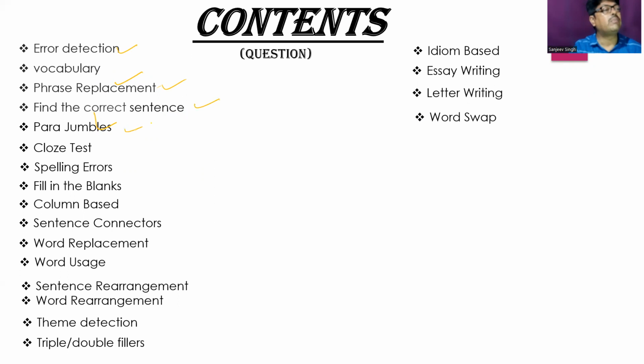Para jumbles are there. Next one is cloze test, a very important one, and the most difficult and comprehensive part of all the questions. Then spelling errors, fill in the blanks, column based, sentence connectors, word replacement, word usage, sentence rearrangement, word rearrangement, theme detection, and triple or double fillers. Regarding words, item-based questions would be there.